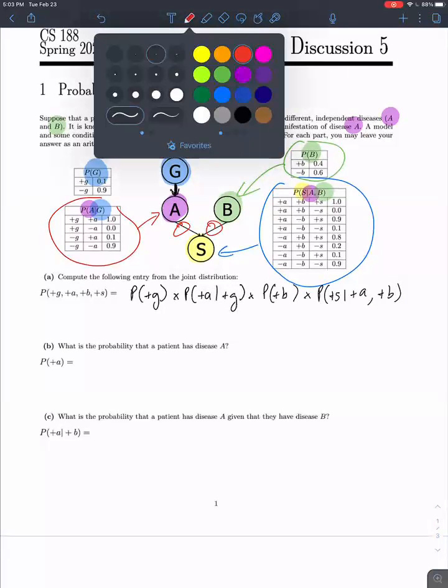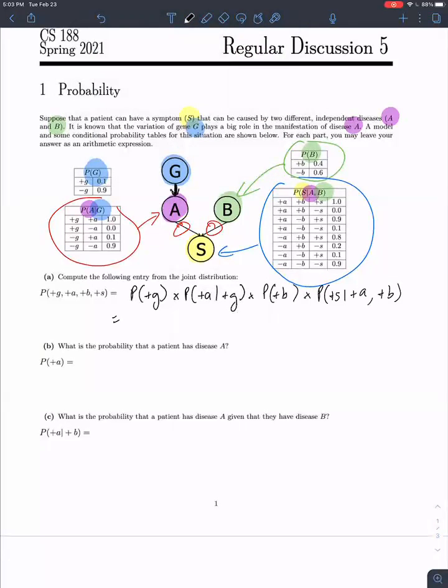So let's calculate it. The probability of plus G, if I look that up in the table, is 0.1, right? Now plus A given plus G, so in this probability of A given G, there's plus and plus. So here the answer is 1.0. So multiplied by 1.0.